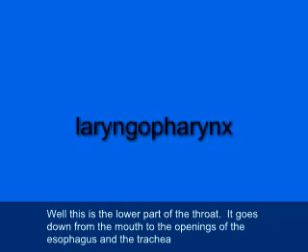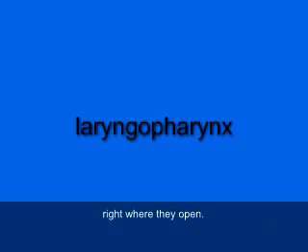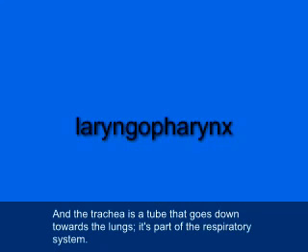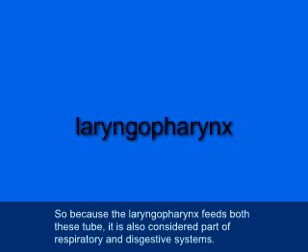It goes down from the mouth to the openings of the esophagus and the trachea, right where they open. And the esophagus is a tube that goes down into the stomach. It's part of the digestive system. And the trachea is a tube that goes down towards the lungs. It's part of the respiratory system. So because the laryngopharynx feeds both these tubes, it is also considered part of respiratory and digestive systems.